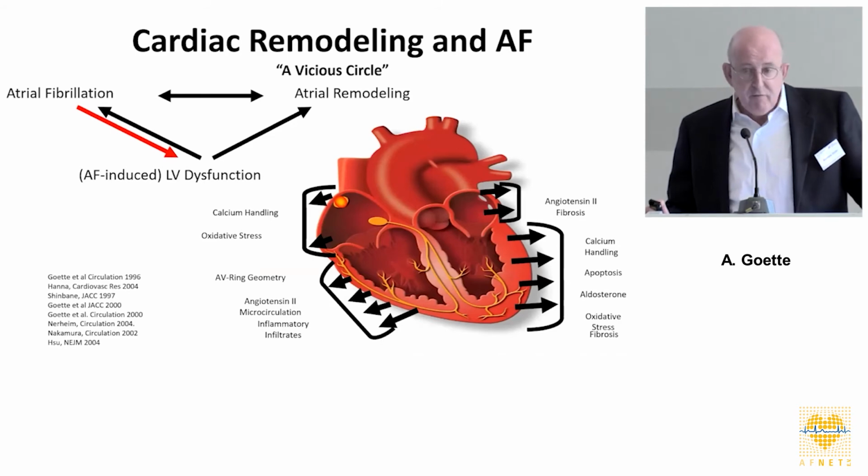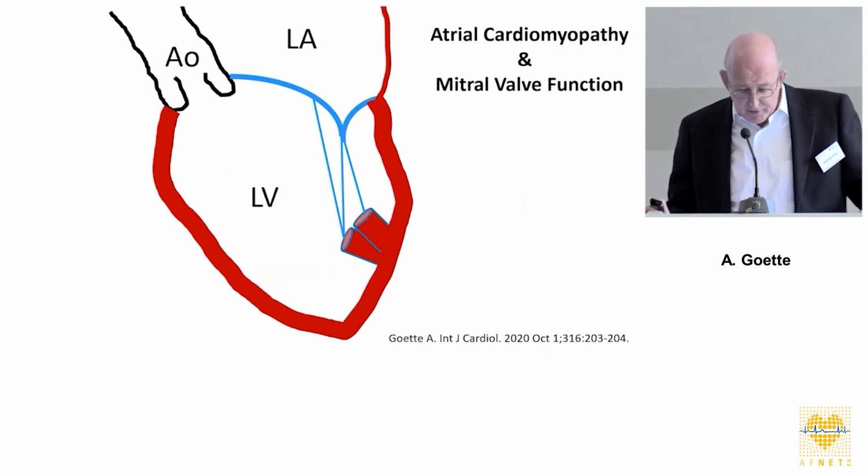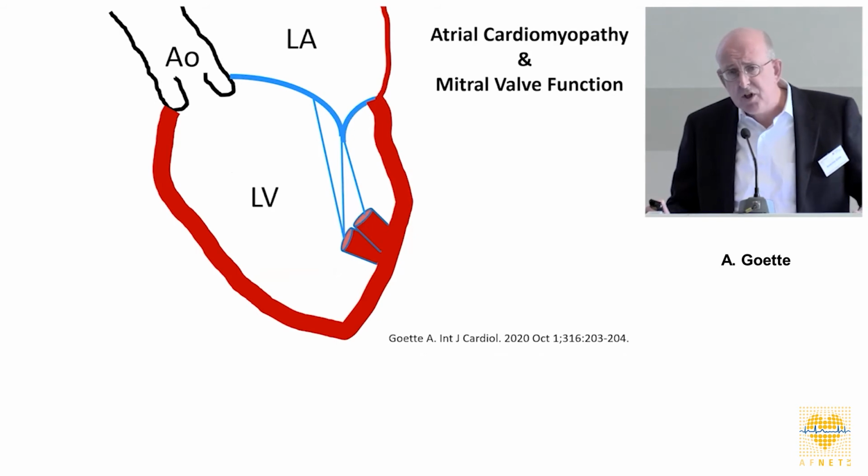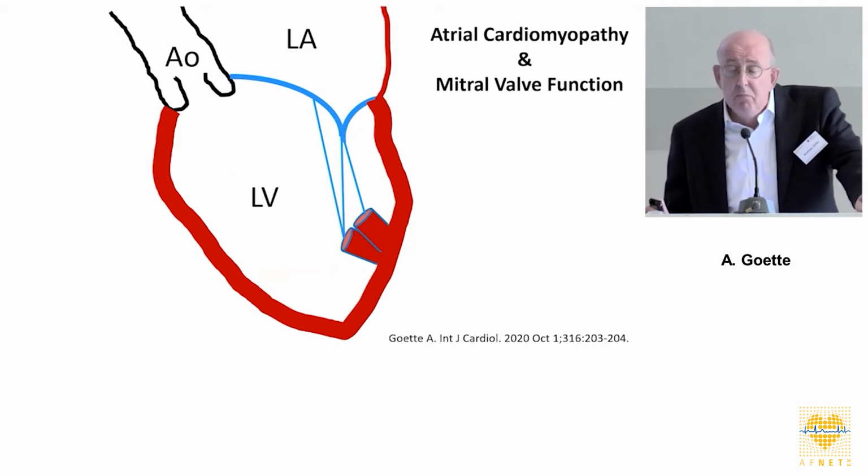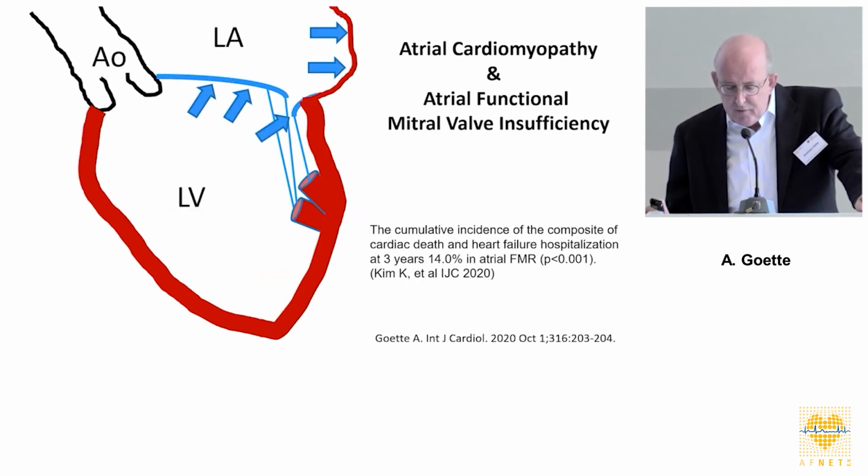So it's even more complicated because the atrium is not just by itself. It really interferes with the ventricles, and everything interferes with everything. One aspect which is rarely covered in most AF studies is the function of the mitral valve. We know there is a term of atrial functional mitral valve insufficiency, and this is affected by the shape of the atria, and restoration of sinus rhythm restores mitral valve function.